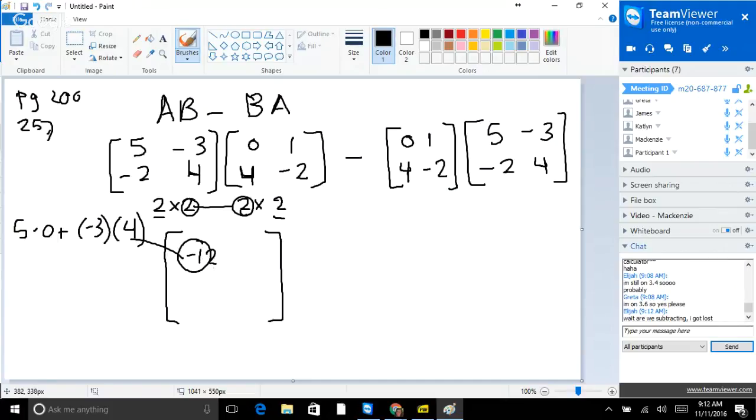Are we subtracting? No, Elijah, we're adding. When we do the dot product, we're adding together. So this becomes 0 plus -3 times 4, and you get -12.